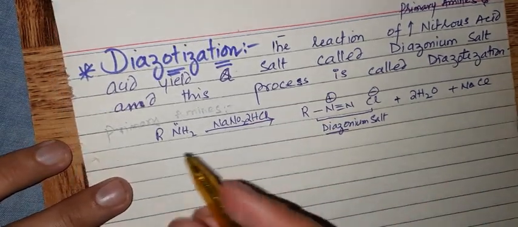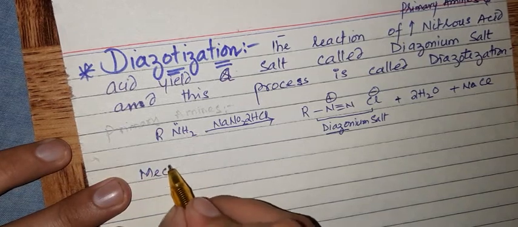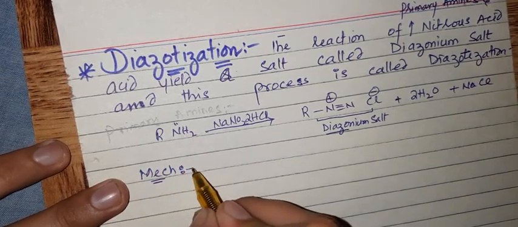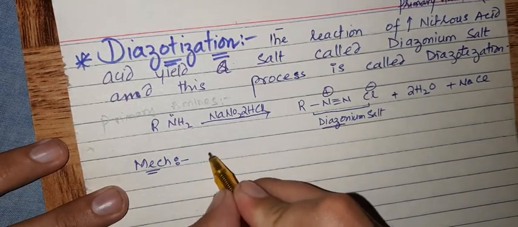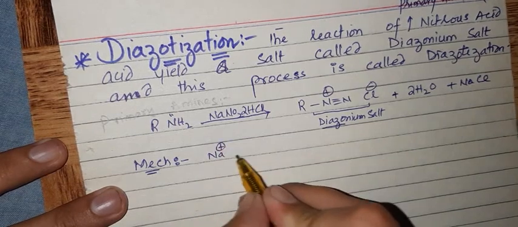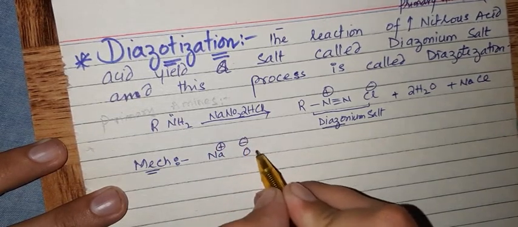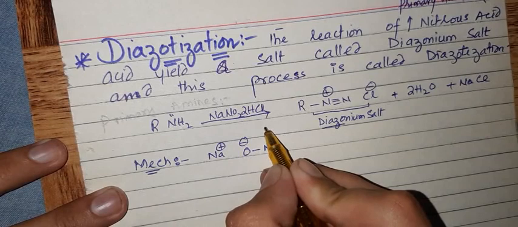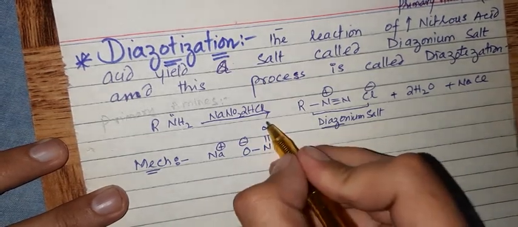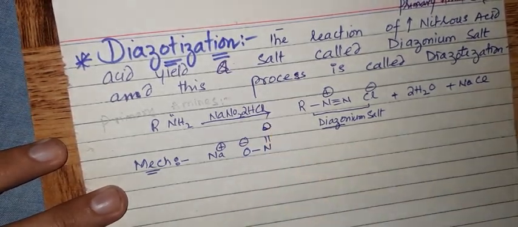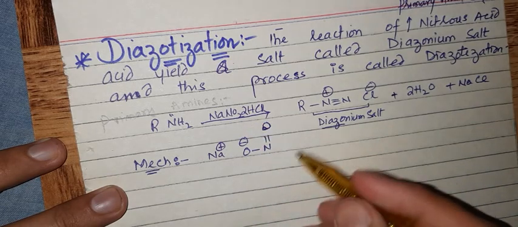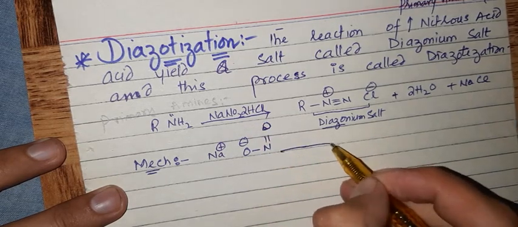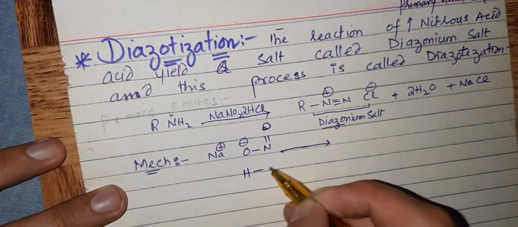How does this mechanism take place? The mechanism is like this. First of all, the structure of sodium nitrite is like this: O-N double bond O. This sodium nitrite is protonated in the presence of a mineral acid like HCl.